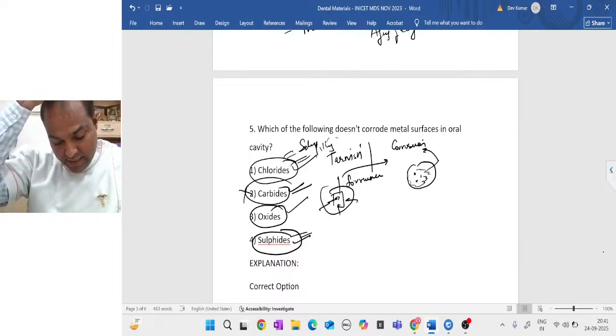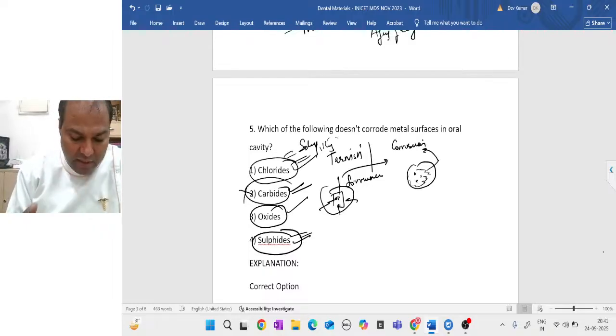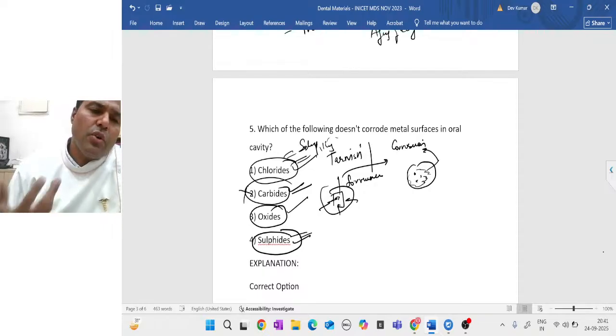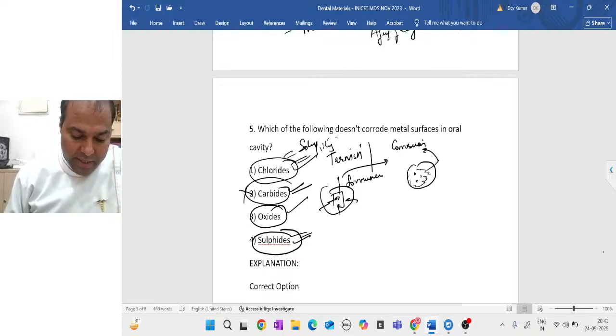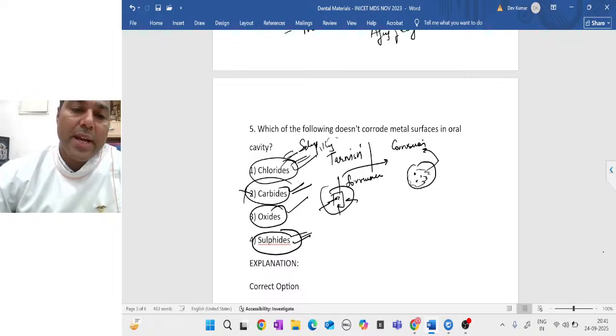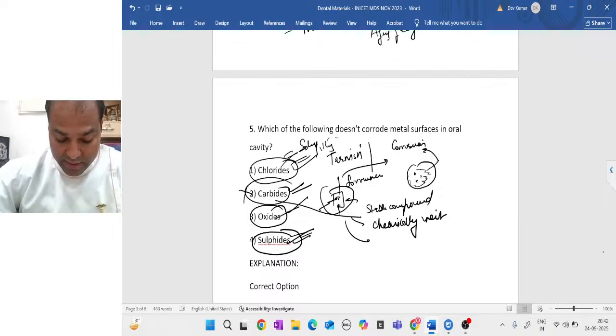So basically, as we say, silver sulfide can tarnish the alloys, but carbides are very stable compounds. They are normally not present inside the mouth, they are chemically inert. Okay, carbides are chemically inert, they don't combine with metals, so they do not cause any corrosion. So carbides are very stable compounds, and the best answer here is carbides. Oxides, chlorides and sulfides are present, but carbides are very stable, normally chemically inert, and don't corrode the metal surface.